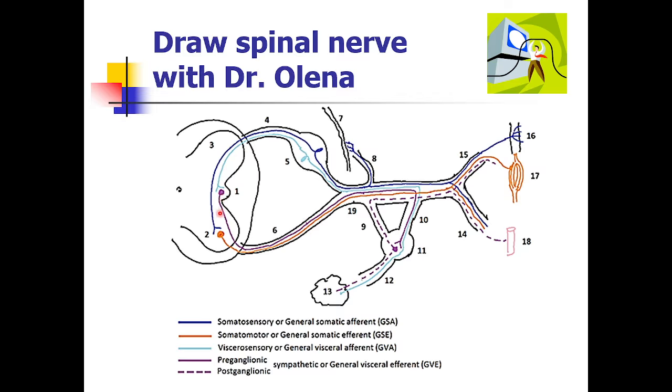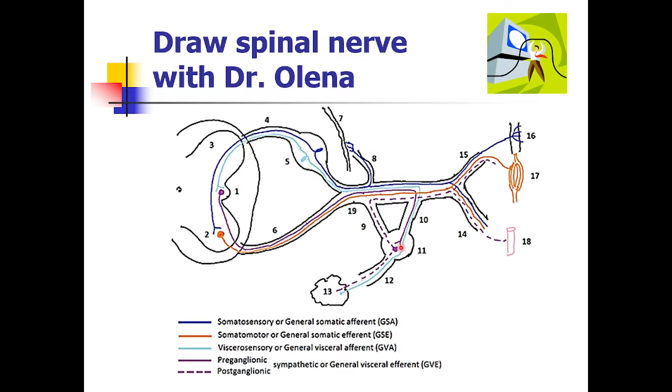Now, the axons. They run through the ventral root. Can you see that? And how do I name them if they start from my preganglionic neuron? They are preganglionic because I have to reach the ganglion with them. So one more time, preganglionic sympathetic. They run through the ventral root, through the spinal nerve, and then I deviate them from the spinal nerve to get to the ganglion, to synapse.